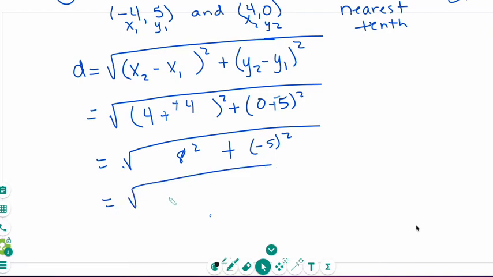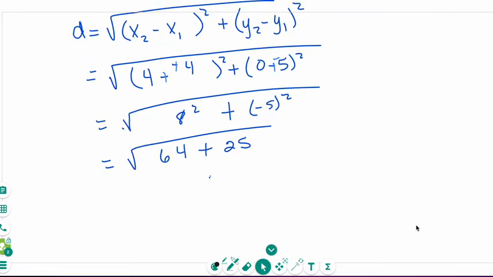Square root of 64 plus 25, square root of 89, rounded to the nearest tenth is going to be 9.4.